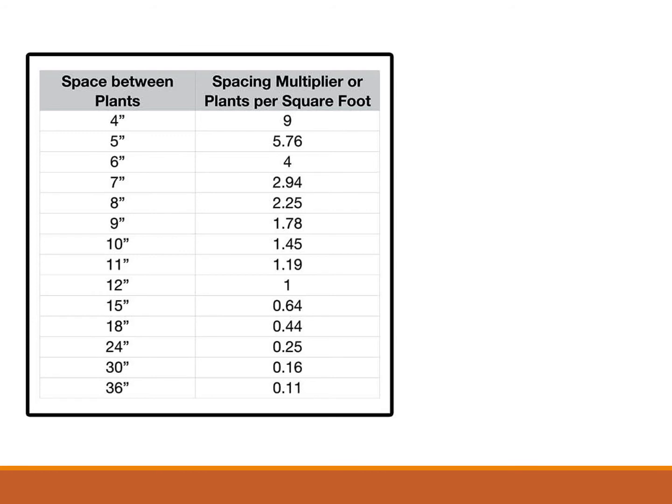A 6-inch spacing means that we're going to be able to fit 4 plants per square foot of bed area. So the difference being when you space the plants further apart, then you're going to get fewer plants per square foot.